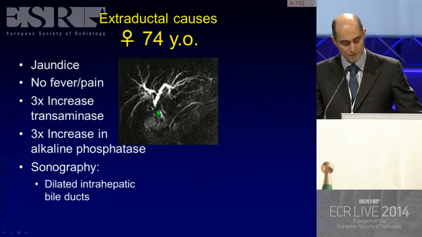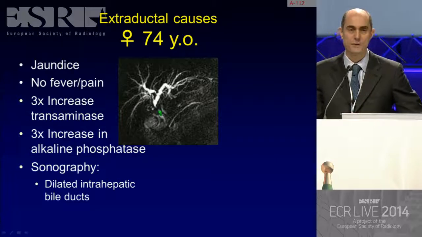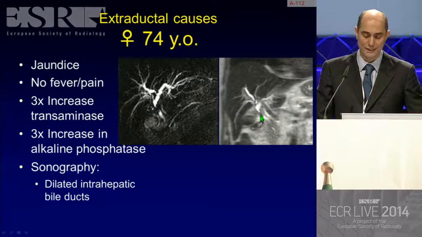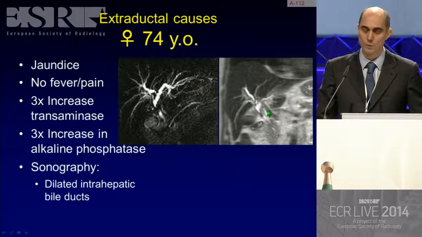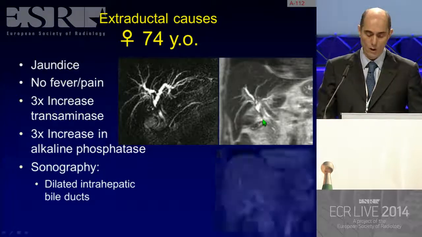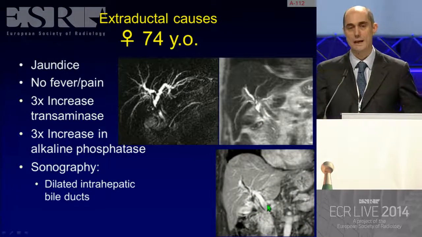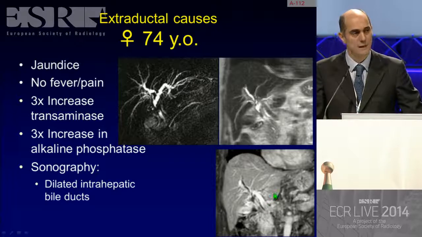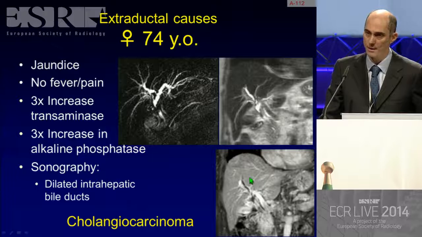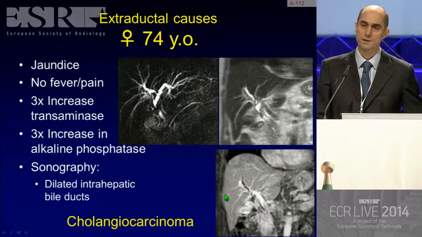And also we have a big appearance of the distalmost part of the bile ducts, and when we combine this information with this coronal T2 weighted image, in which we have thickening and enhancement of the bile duct wall, I think the diagnosis is relatively easy: cholangiocarcinoma. So this is a stenosing cholangiocarcinoma.